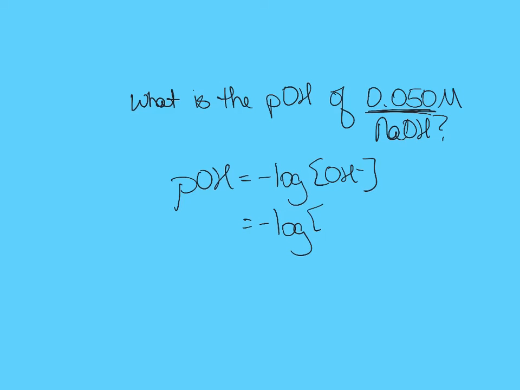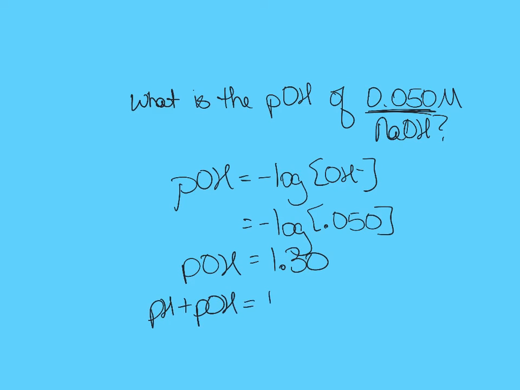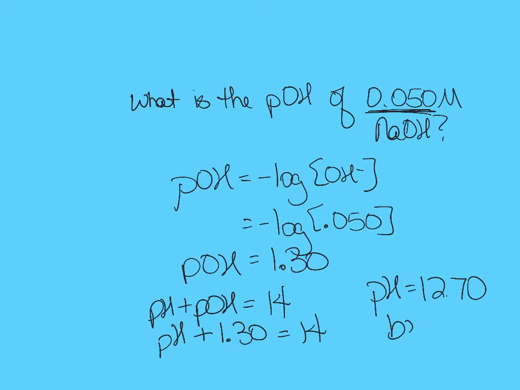Negative log of 0.050, we really just did it, is 1.30. So the pOH of this solution is 1.30. That doesn't give me the pH. Remember I said pH plus pOH equals 14. So to get the pH, I could put pH plus 1.30 equals 14, or the pH would be 12.70, and I could see that that was a basic solution.